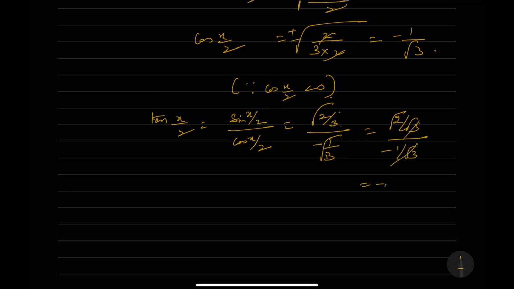So the answer is minus root 2. So therefore we have sin x by 2 is equal to root of 2 by 3, then cos x by 2 is equal to minus 1 by root 3 and tan x by 2 is equal to minus root 2. So these are the answers we are getting for this.